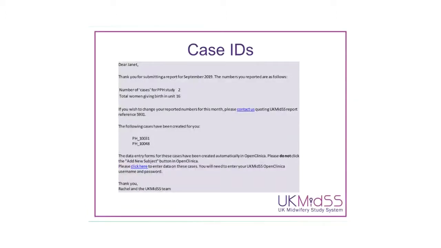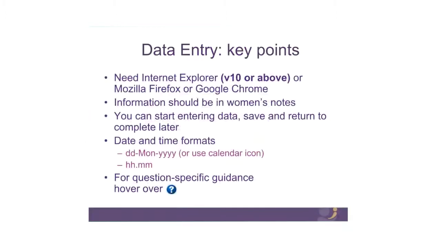So going back to your confirmation email, there's a link, as I said to you before, which will take you through to the data entry system. And before we go there, just a few key points about data entry. You will need a web browser, so Internet Explorer, preferably version 10 or above, or Firefox or Chrome.